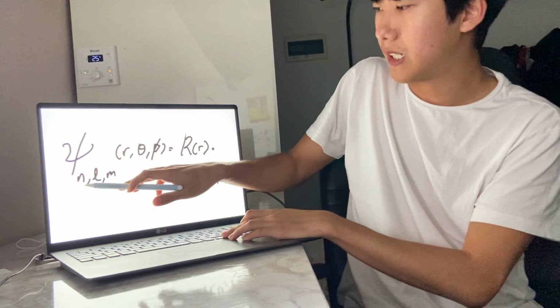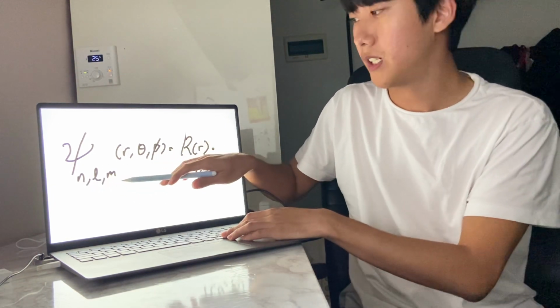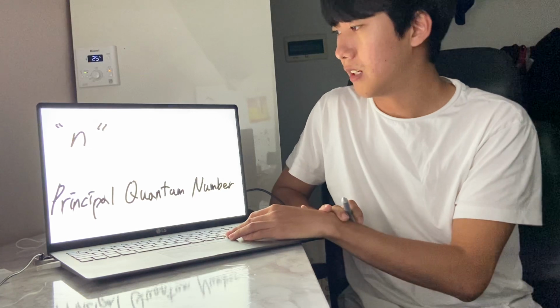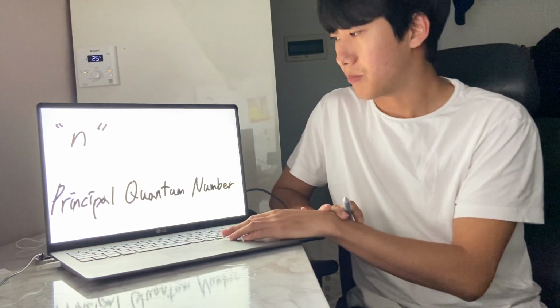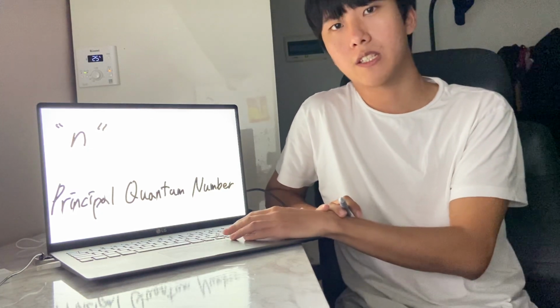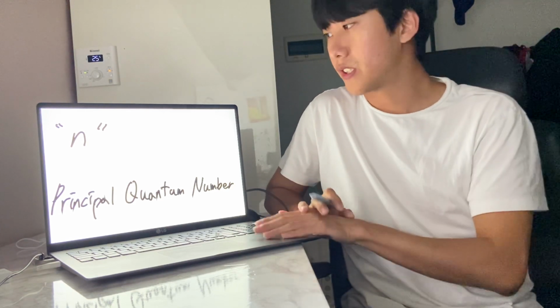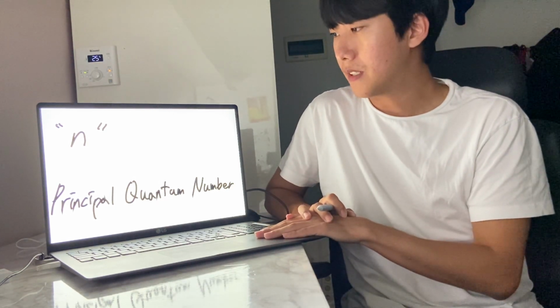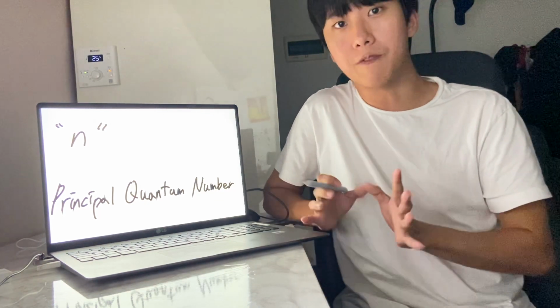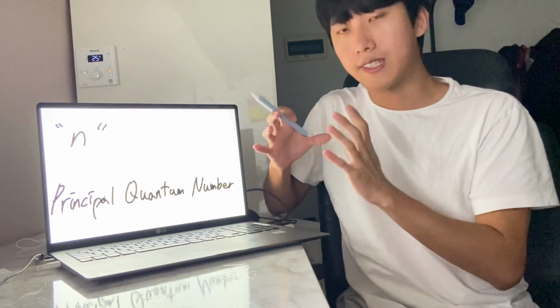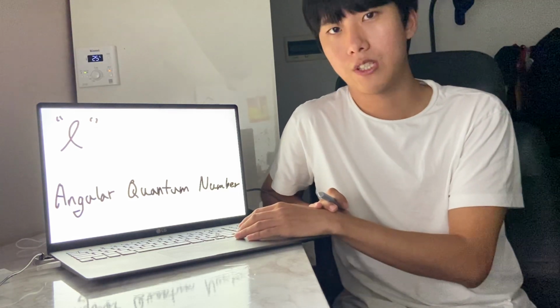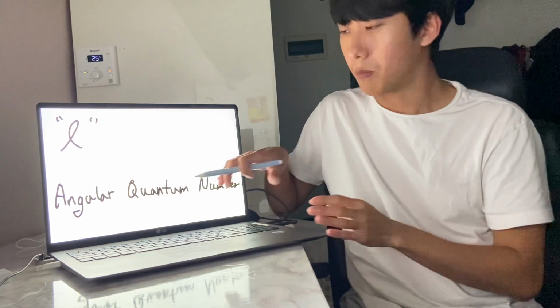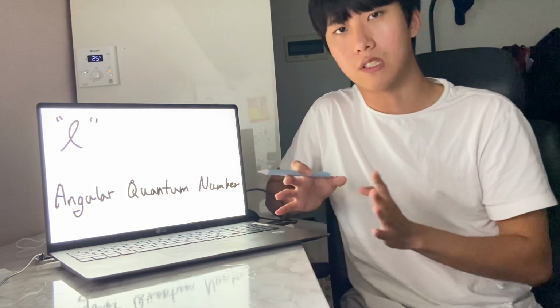This means the quantum numbers N, L, M. The first, N, is the principal quantum number, which makes the difference in orbital size. Next is L, the angular quantum number, which makes the difference in orbital shape.